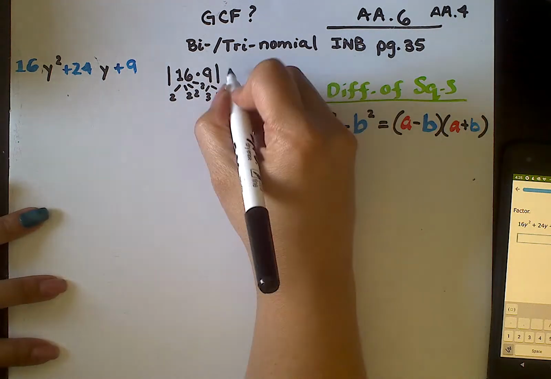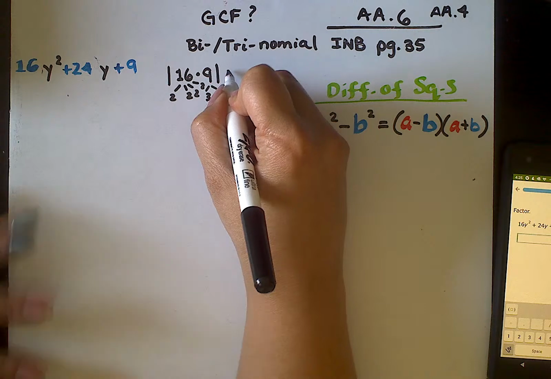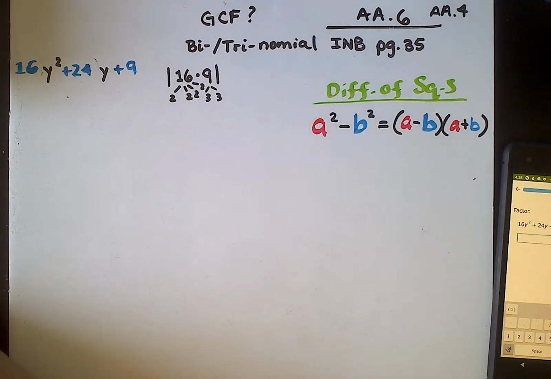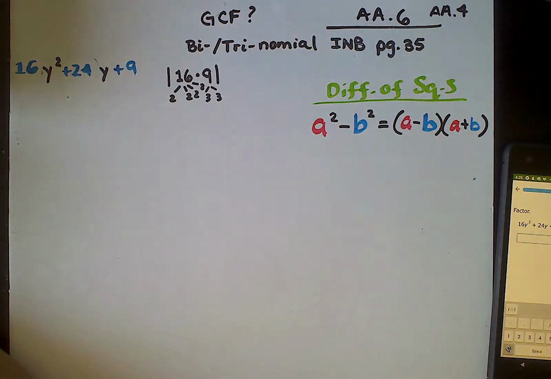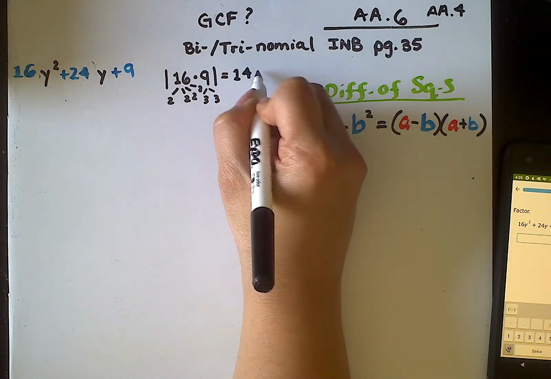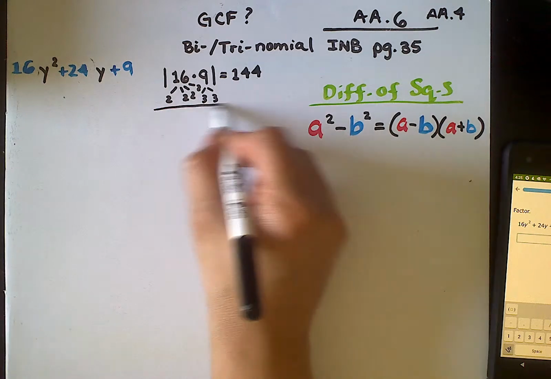So I'm going to first take a look here. Whoop. I have too many markers on my desk, and they're about to all fall off. All right, so 16 times 9 is 144. And 144 is made up of all that mess.